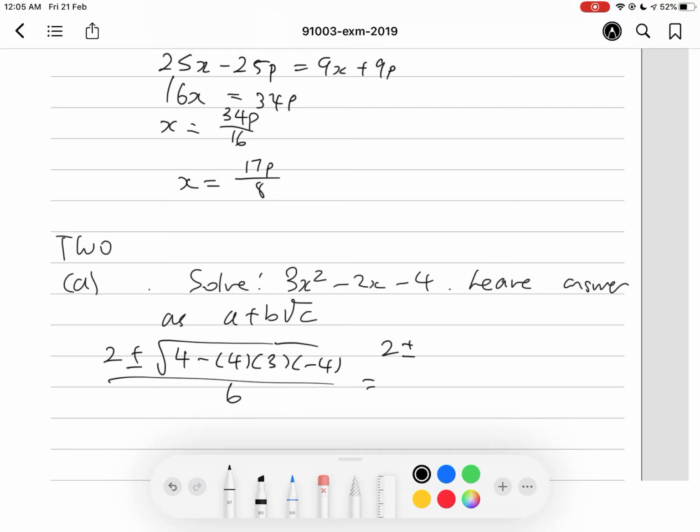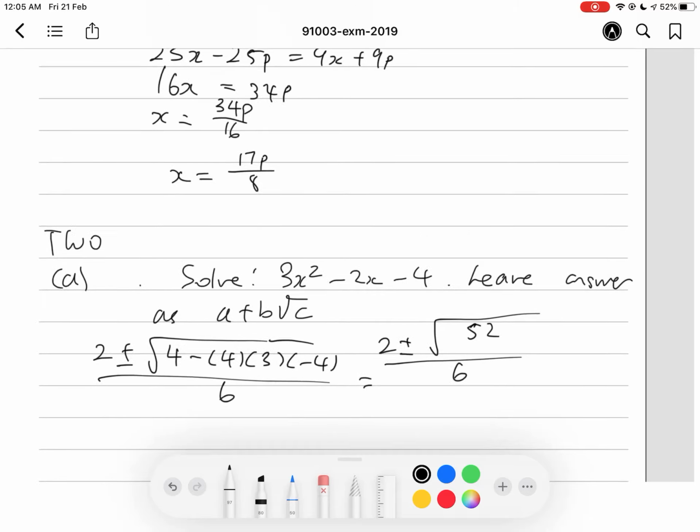This equals 2 plus or minus square root of 4 times negative 3 is negative 12. Negative 12 times negative 4 becomes negative 48. So this becomes, because double negative makes a positive, 4 plus 48 inside the brackets, which makes it 2 plus or minus square root of 52 over 6.